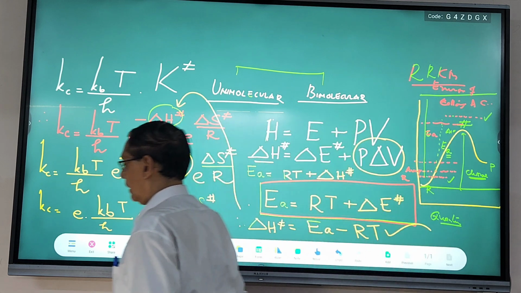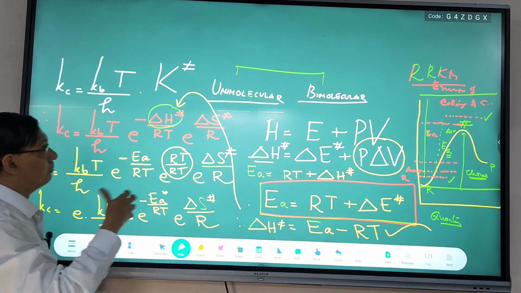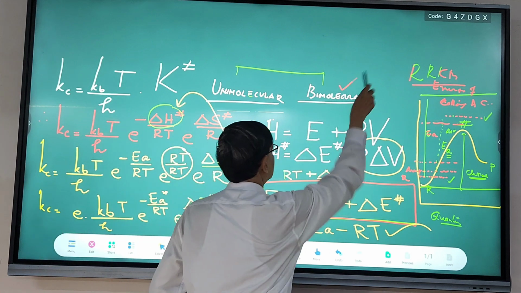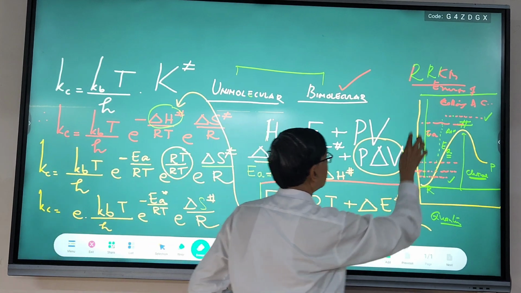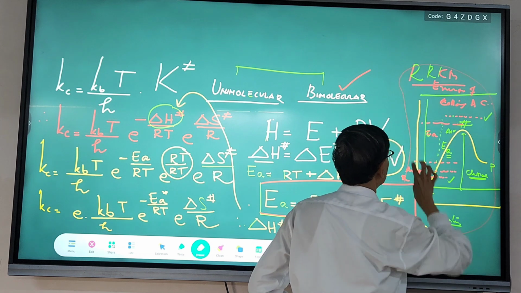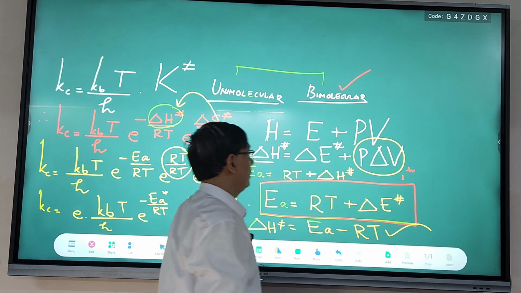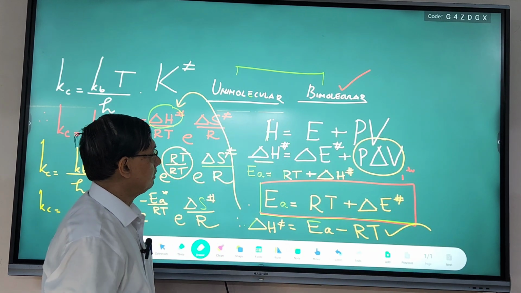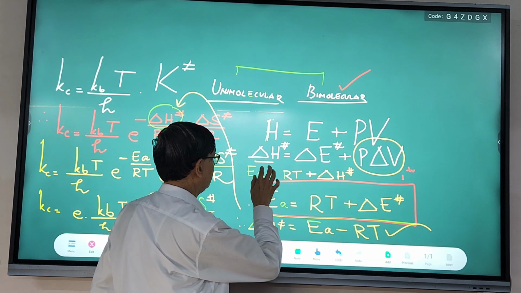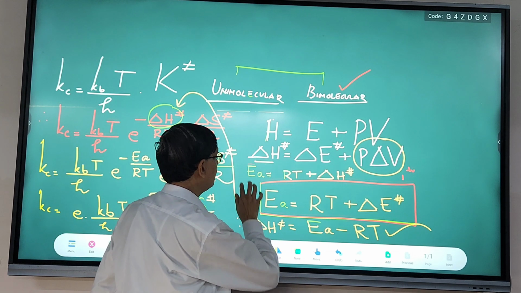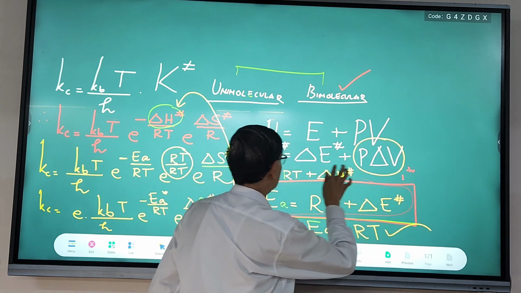Now the last part, I will proceed to the bimolecular reactions. Suppose it is a bimolecular type of reaction. Let me remove this part.